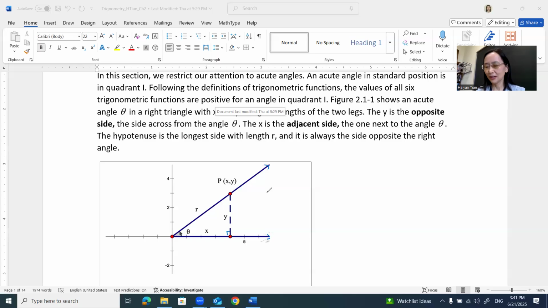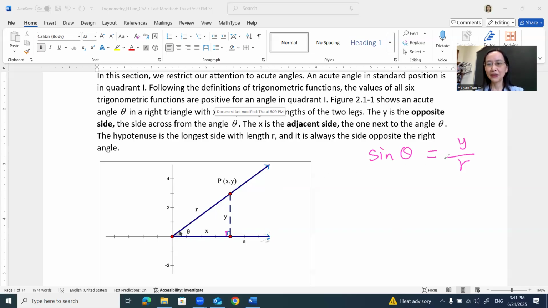By definition, for the trigonometric function values, we can quickly write sine of theta is y over r, right? As you can see, we have a right triangle here, so r is the hypotenuse of the right triangle.